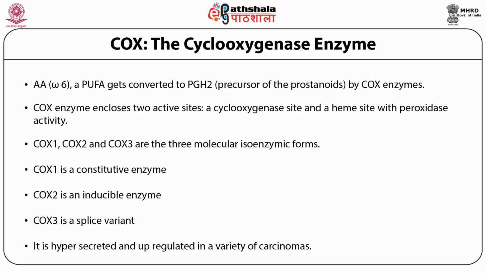In most of the mammalian cells, COX1 is present as a constitutive enzyme, whereas COX2 is an inducible enzyme, undetectable in the majority of normal tissues, but plentiful in activated macrophages and inflammation sites of the cells.